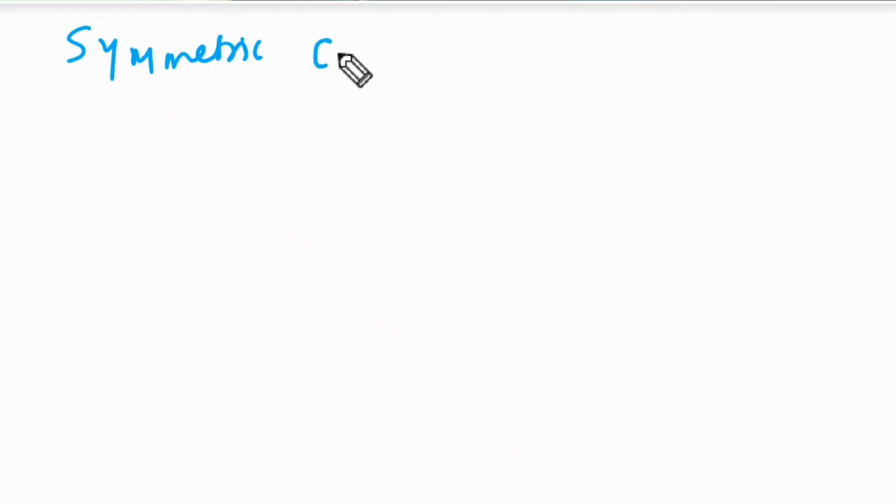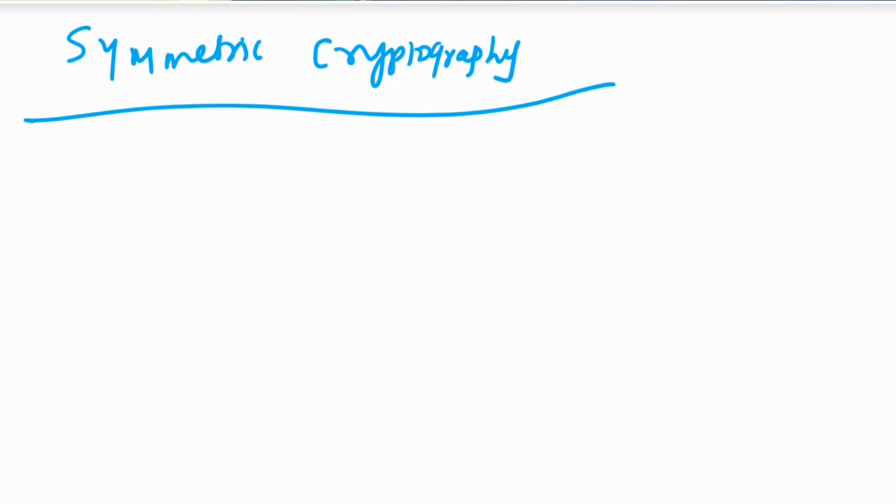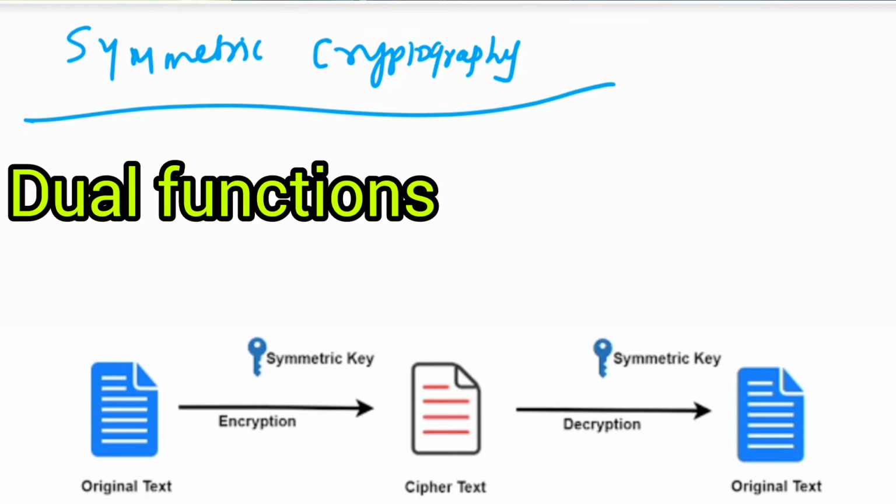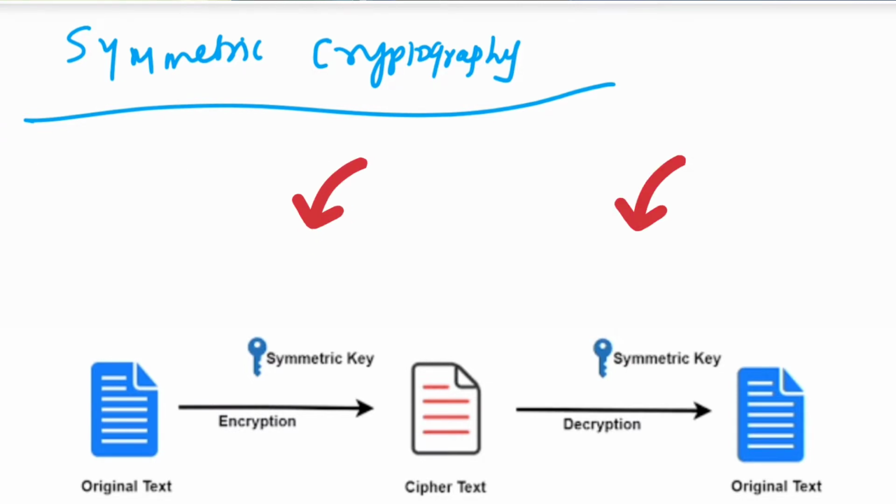What is symmetric cryptography? In a crypto system that uses symmetric cryptography, the sender and receiver use two instances of the same key for encryption and decryption. The key has dual functionality in that it can carry out both encryption and decryption.